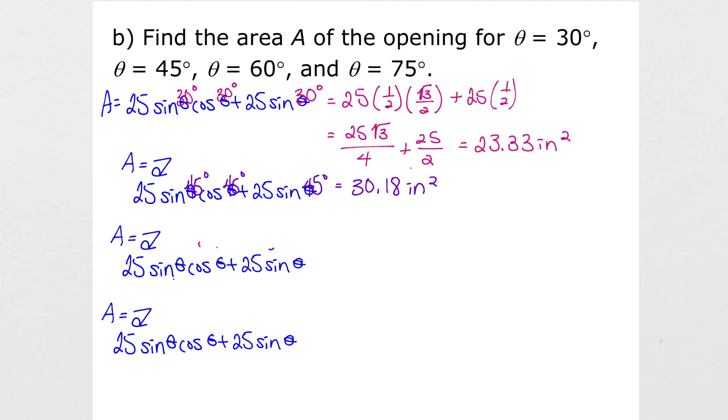And then 60 degrees, we get 32.48 square inches. And then the last one, 75 degrees, gives us 30.4 square inches.